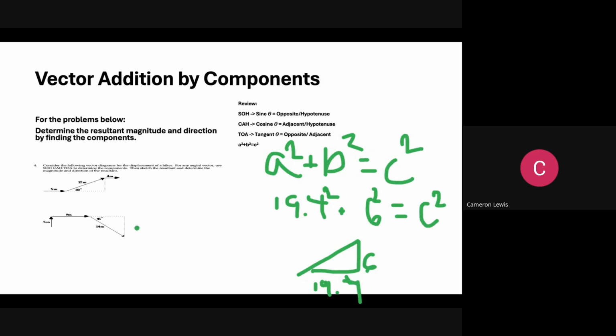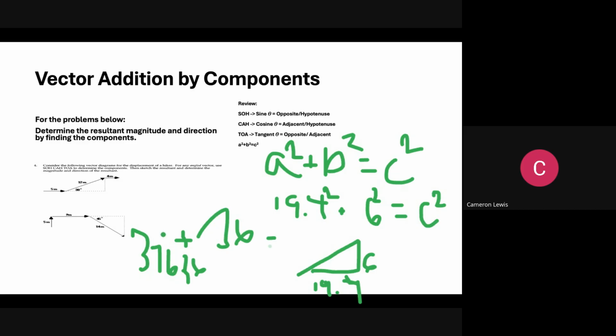I know 6 squared is 36. So you've got 36 plus, got to figure out what 19.4 squared is. 376.36.